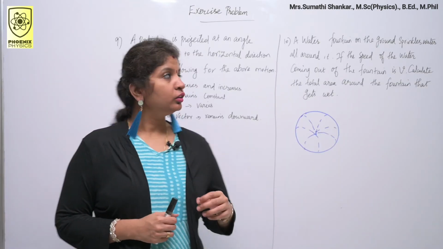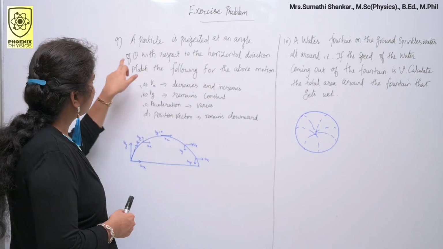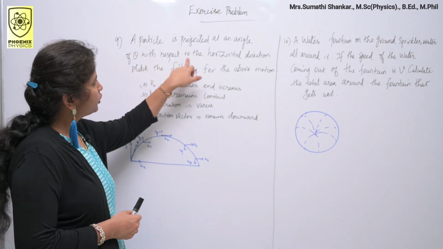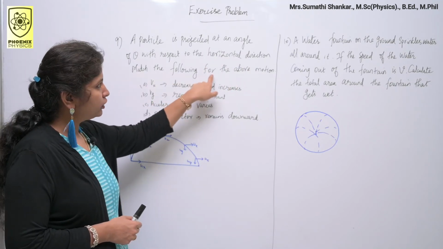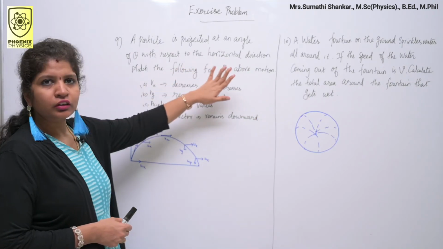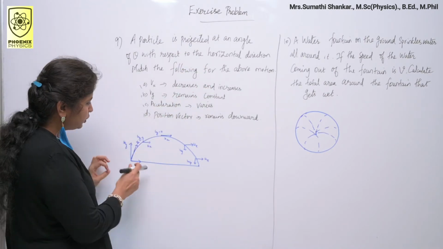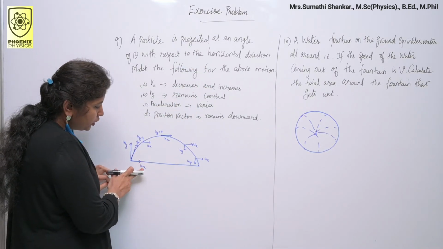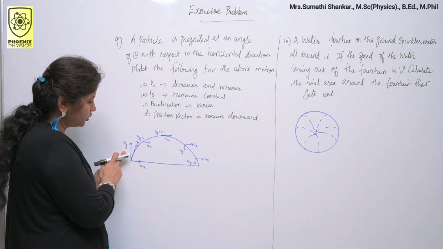Problem number 9. A particle is projected at an angle of theta with respect to the horizontal direction. Match the following for the above motion. This is nothing but projectile motion, so you know the diagram. Here ux is our horizontal velocity and uy is our vertical velocity.